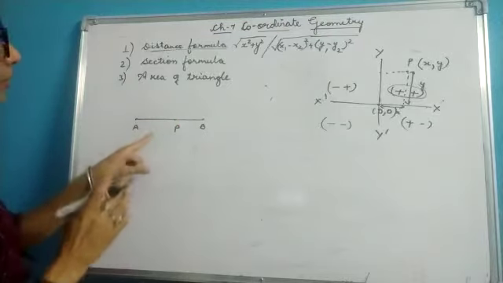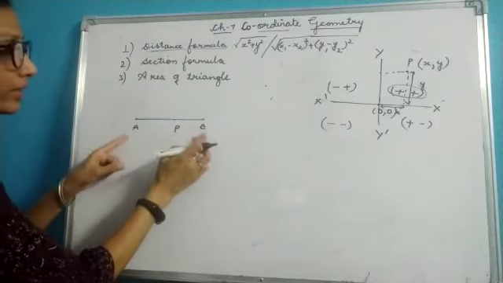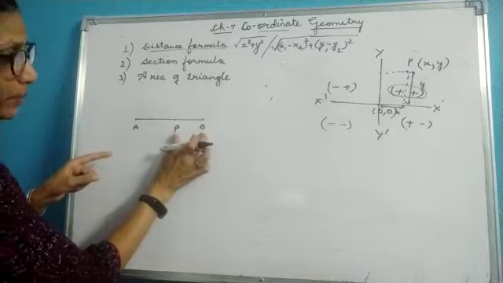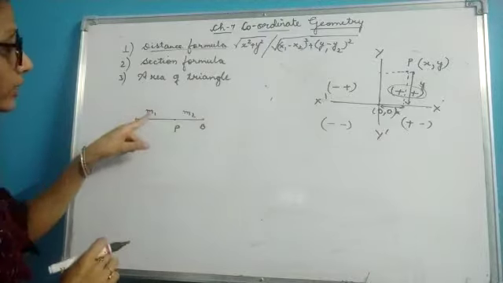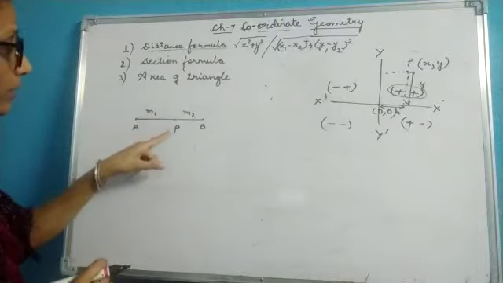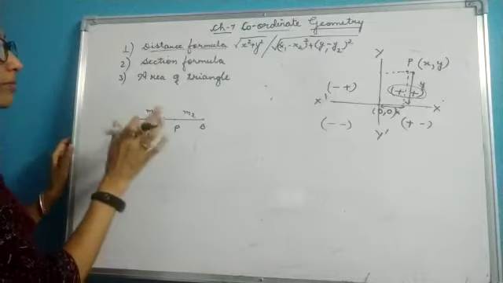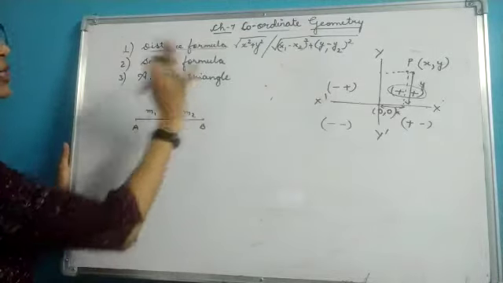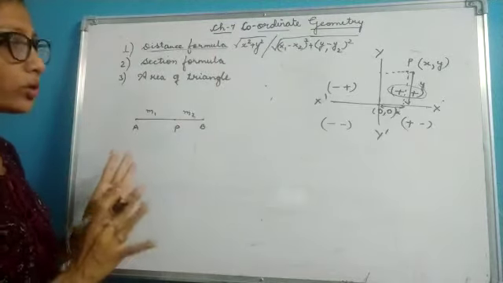Let this point P divide this line AB into AP and PB in the ratio m1 and m2. These are the ratio in which point P divides line AB. So whenever a point divides a given line, then only we are going to apply the section formula. This is for sure. Now the derivation is not in your syllabus.